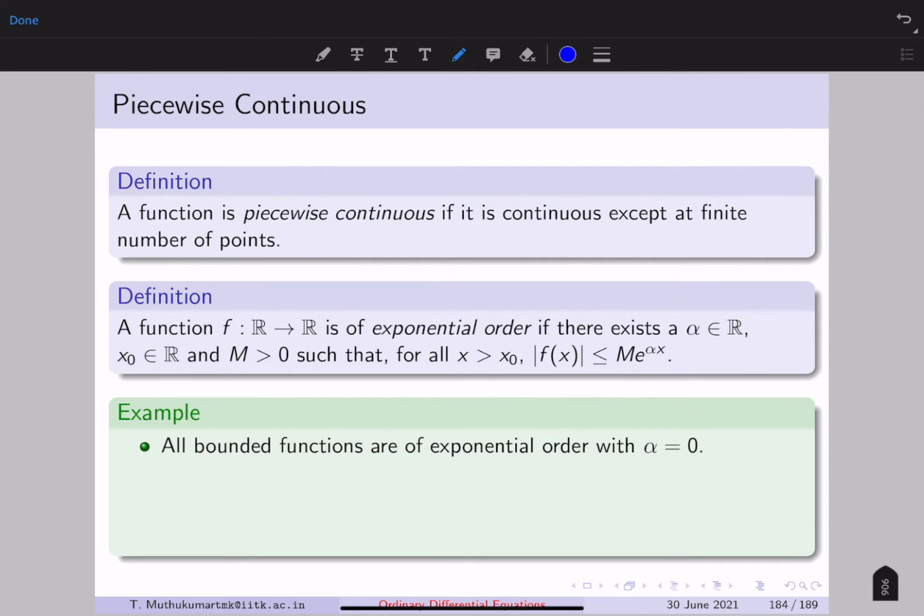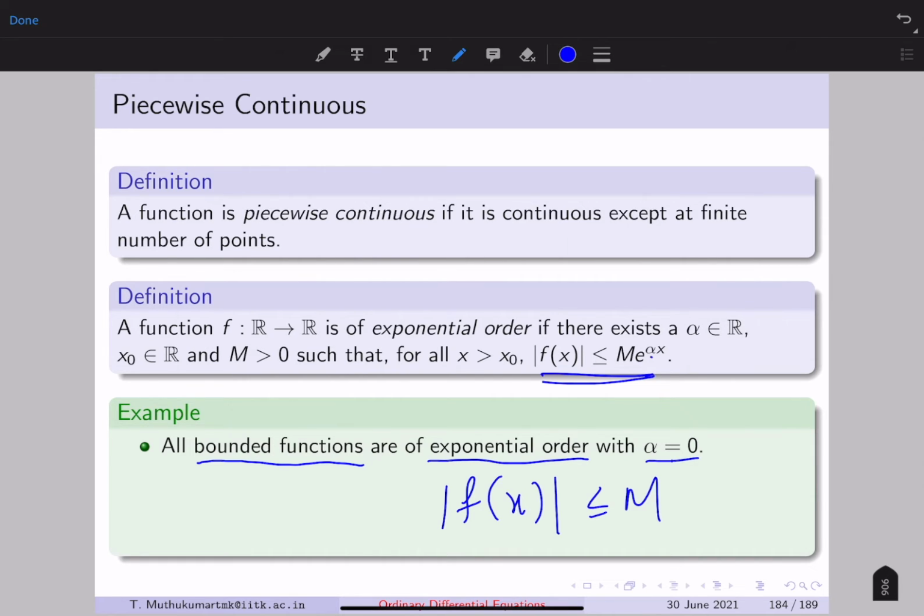If you want some examples of functions of exponential order, all bounded functions are of exponential order with alpha equal to 0. Because if a function is bounded, it basically means you can find an m such that mod f of x is less than or equal to m, which means this inequality is valid with alpha equal to 0.